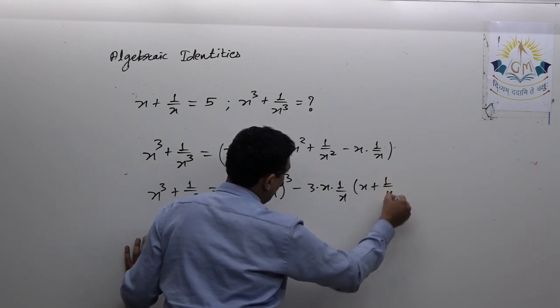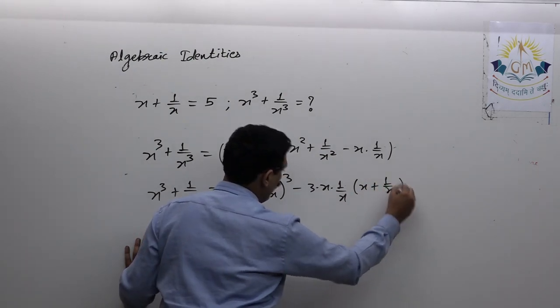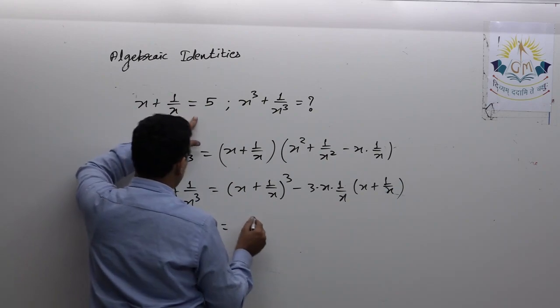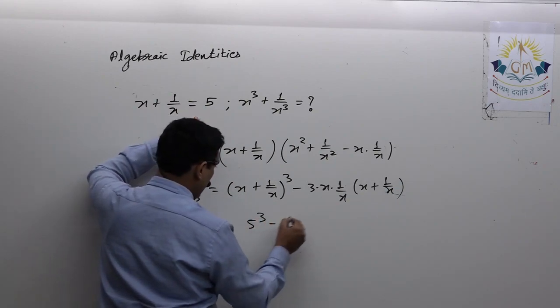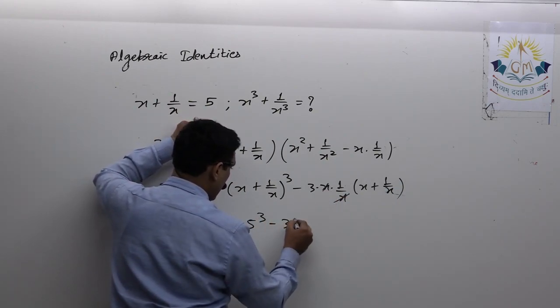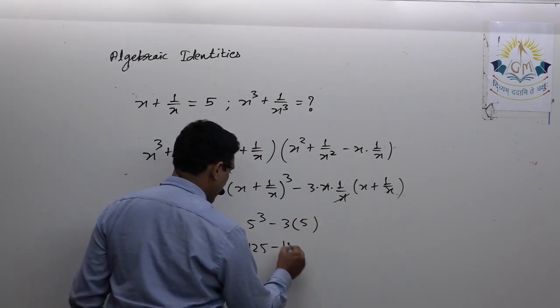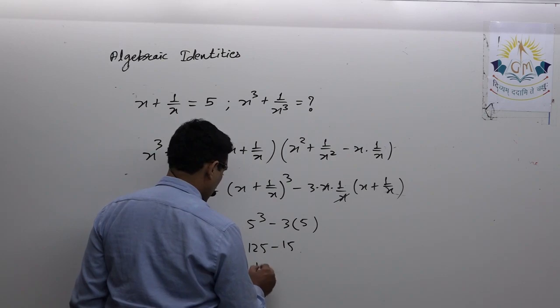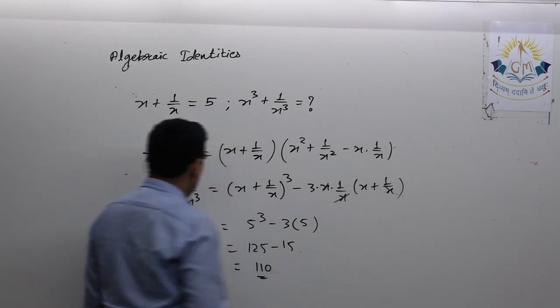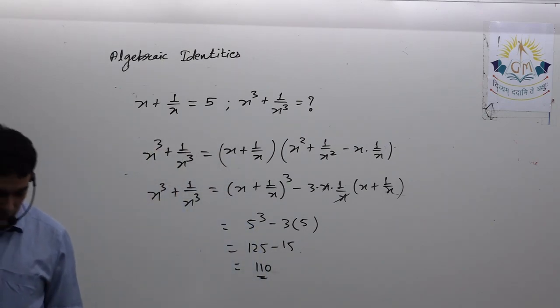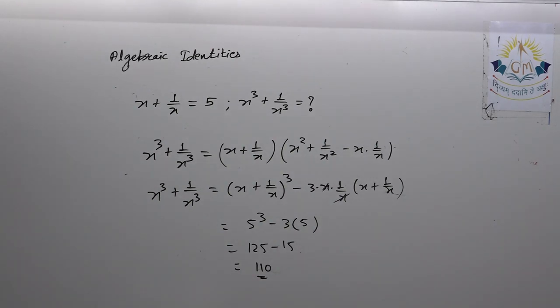This saves your time if you use the second one. Here x plus 1 upon x is 5, so 5 cube minus 3 into again 5, that is 125 minus 15, so that is 110. Note it down, then we'll see the next question based on a different identity.